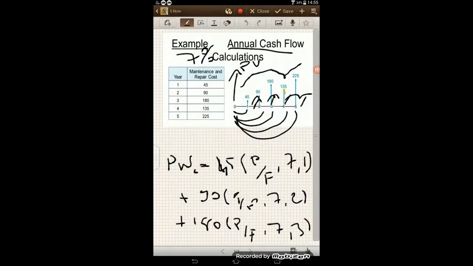Instead of paying 45 the first year, 90 the second, then 180, 135, 225, I am gonna pay 130 every year, 130, 130, 130, 130, and 130, and I'm gonna cover all this maintenance and repair cost.